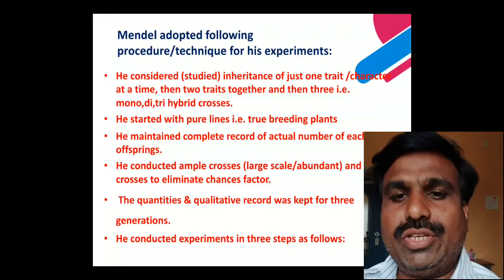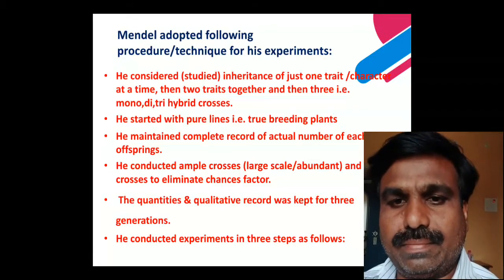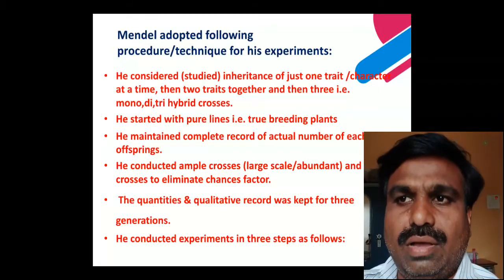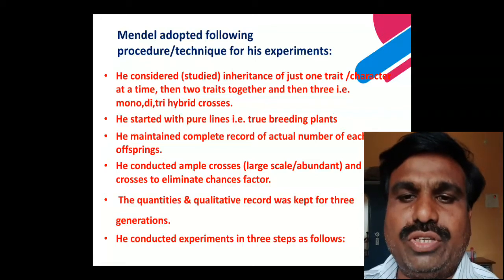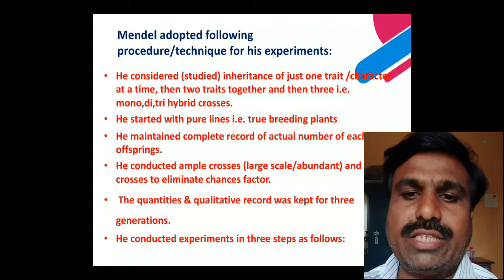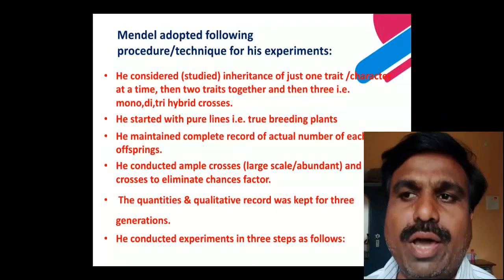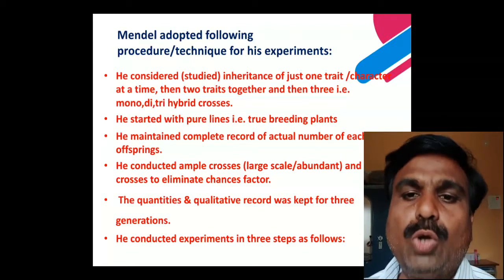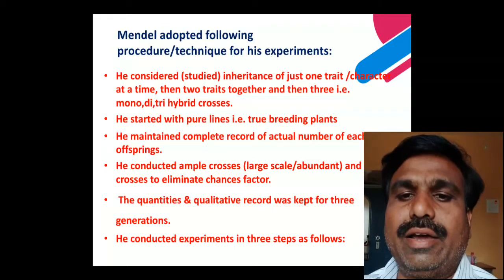In the board examination, a question may be asked: which techniques or procedures were adapted by Mendel for his hybridization experiments, for 2 marks or 3 marks? You have to write it correctly.